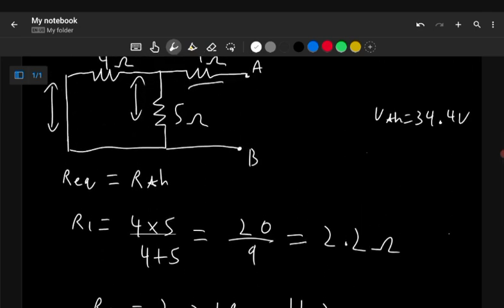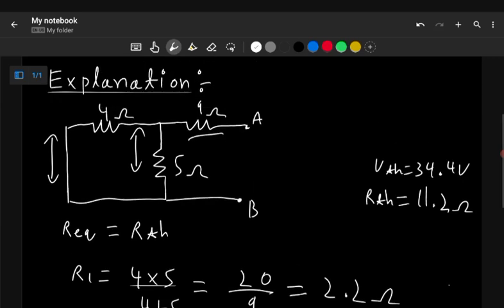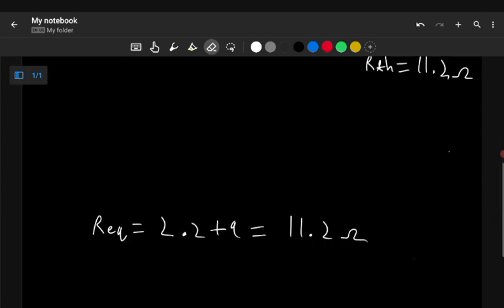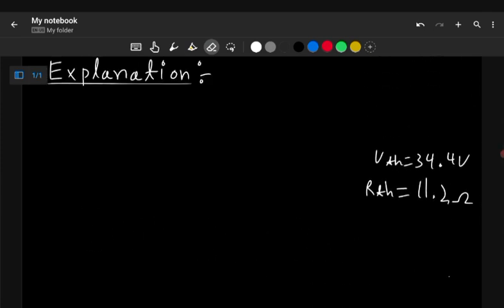Now we figured out the value of RTH, which is 11.2, and VTH as well. So now we need to construct that simplified equivalent circuit. I'll just erase all this. Now we can construct the simplified circuit like so.